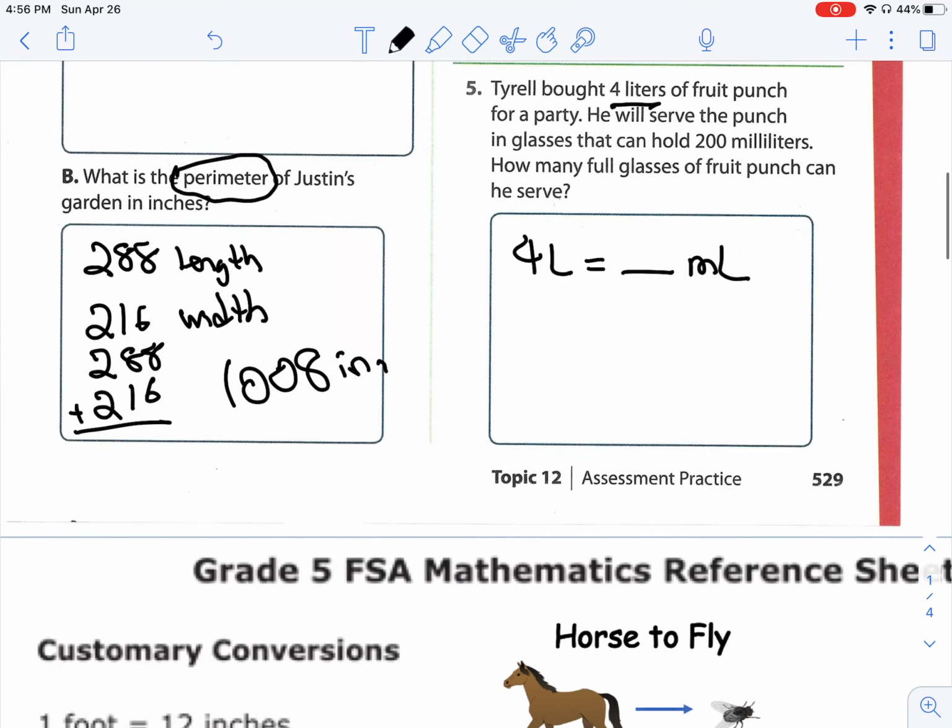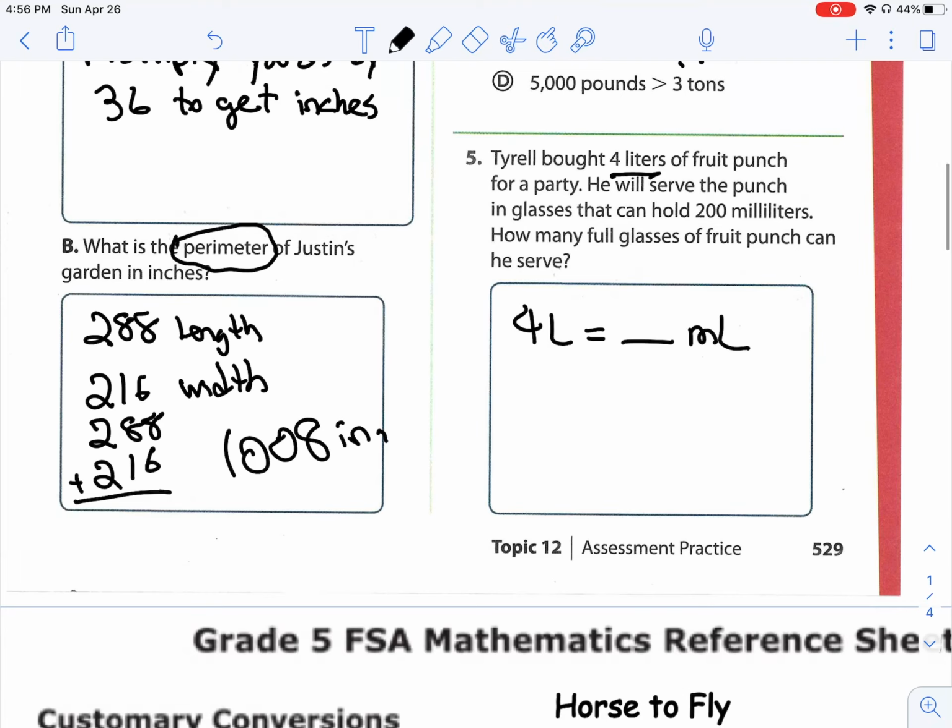Let's go back to that problem. 4,000 milliliters. And now that I know how many milliliters I have of fruit punch, I can divide it by how many milliliters goes in one glass, and that's 200. So 4,000 divided by 200 will tell me how many glasses.